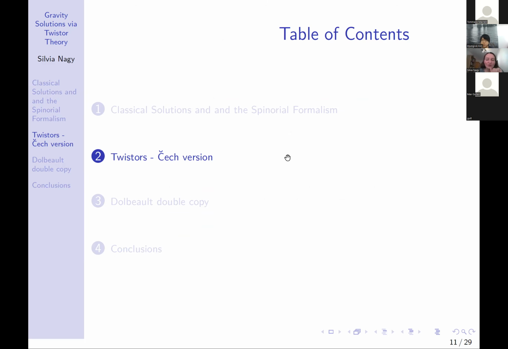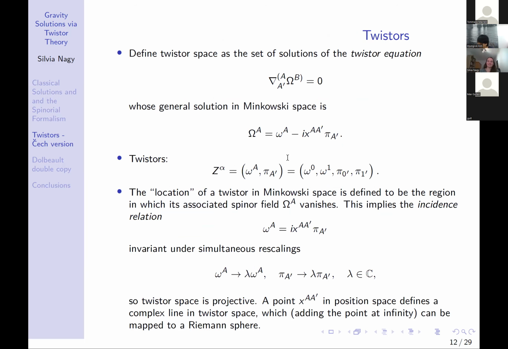I'm only going to give you a very superficial, very basic description of twistors, where I cover just what we need for the description of these solutions. Of course, this is a huge subject in its own right, and it has been used in the study of string theory and also scattering amplitudes. So I'm not going to go into a huge amount of detail on that, but basically what we need for our purposes.